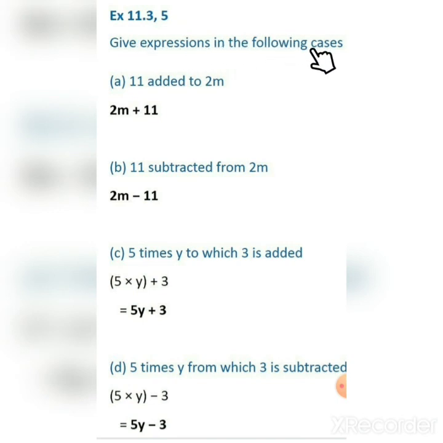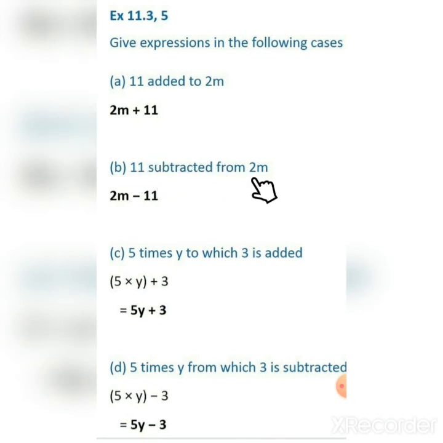Again you have to form the algebraic expression, but here the statements will be longer, so you have to understand them properly first. So here we see 11 added to 2m. 11 is added to 2m, so 2m will come first and then add means plus sign and then 11.